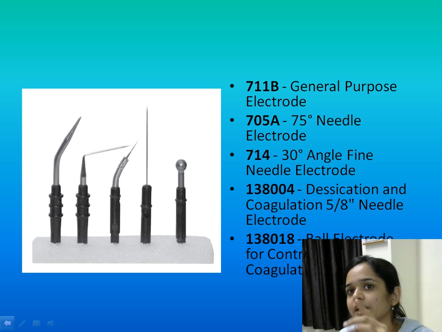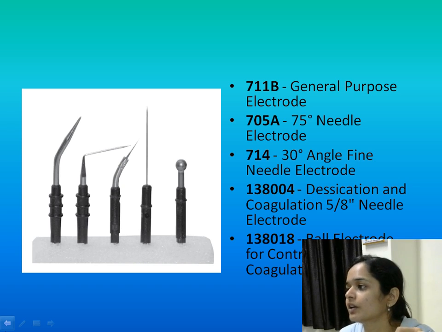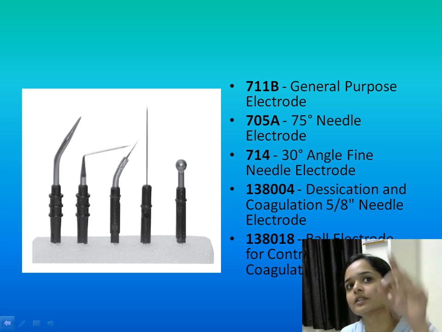Then 138004 is a desiccation or coagulation 5 by 8 inch needle electrode. You can see the needle-like shape. The length is 5 by 8, used for desiccation and coagulation. And the last one is the ball electrode. You can easily guess it is the ball electrode for controlled coagulation. Ball electrode, needle electrode, 30-degree needle, 75-degree needle and general purpose.